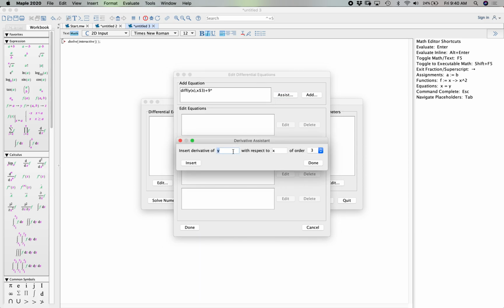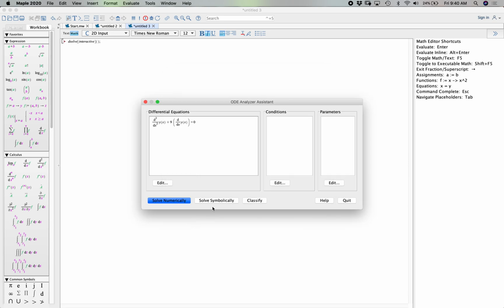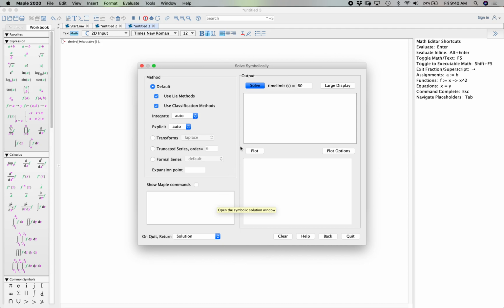So we go back to Assist, and insert y with respect to x of order 1, and then equal to 0, then we add. So this is what we have now. Click on Done, Solve Symbolically, again going with the formal series and solving, and this is what we have on display.